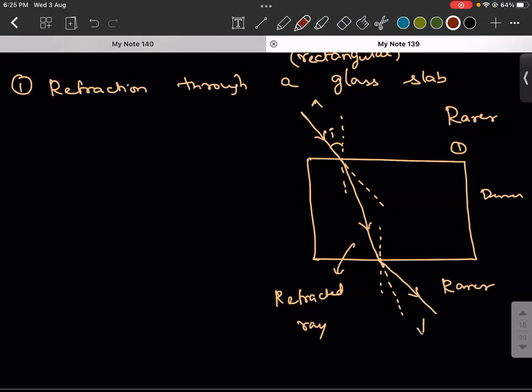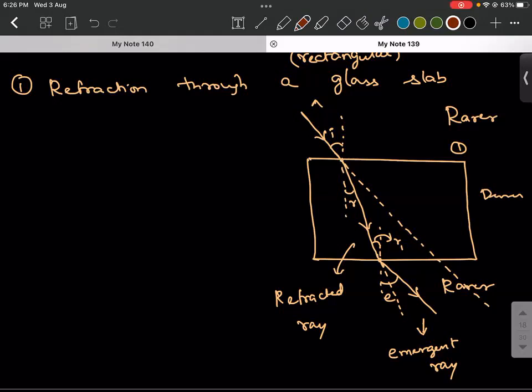So that is the reason why we call this an emergent ray. Now, if I extend it like this, observe what is going to happen. If I take this angle to be R, and I take this angle to be R1, then this angle I'll call E, where E is the angle of emergence.